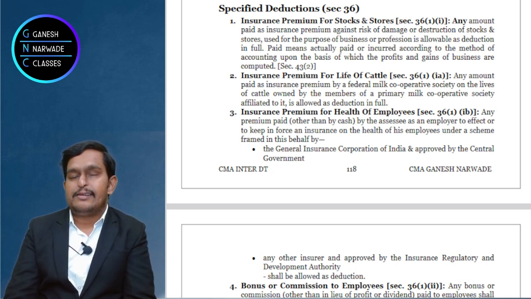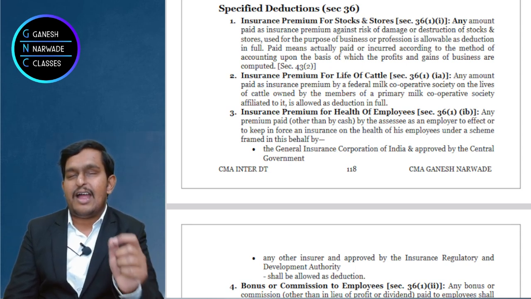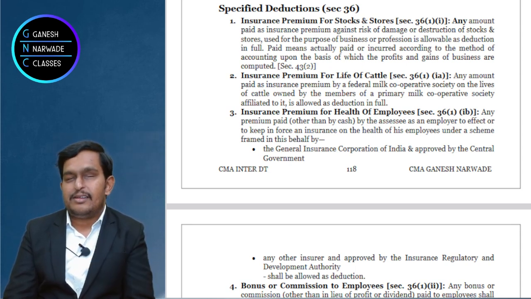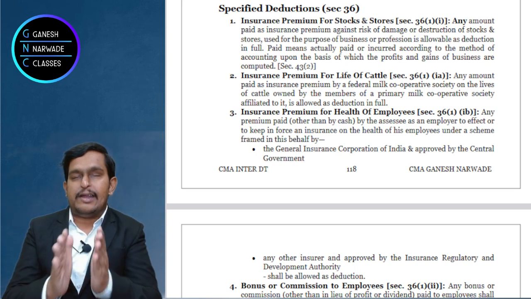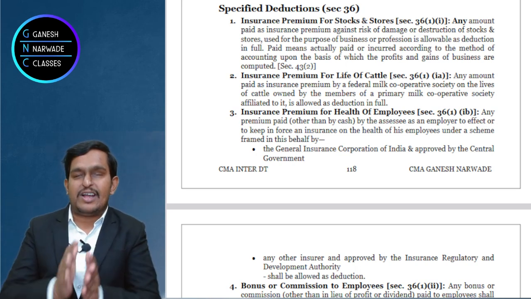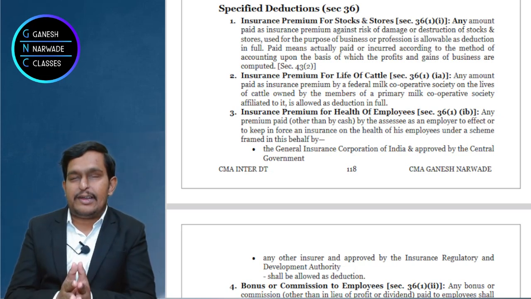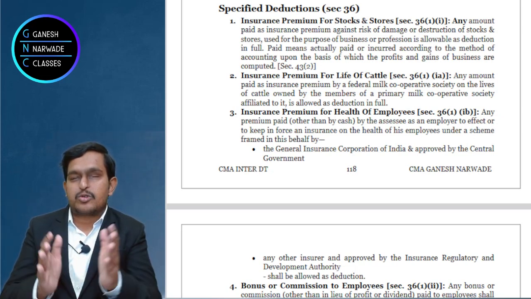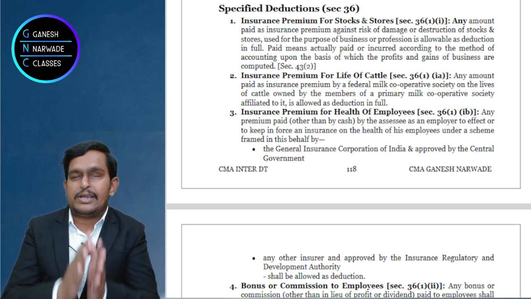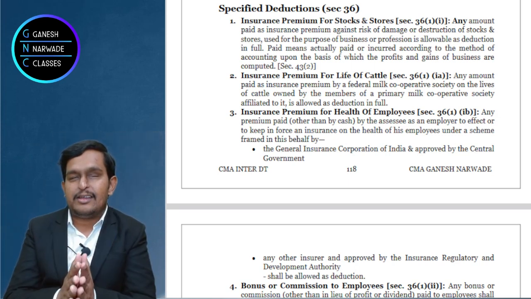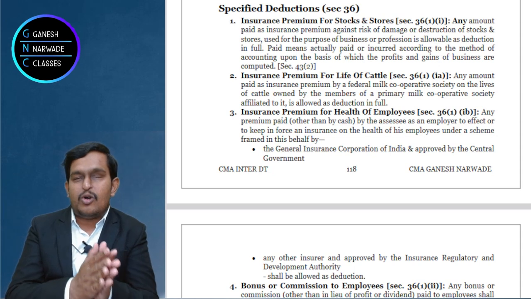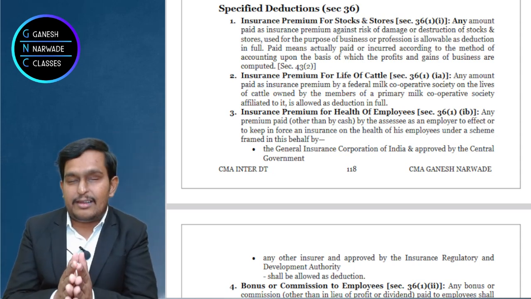Now first is insurance premium on stocks and stores. Basically, if you are a trading organization or a manufacturing organization, you will have a lot of stock in trade with you, correct? So stocks, stores, raw materials, all that will be there for either processing or for sale.